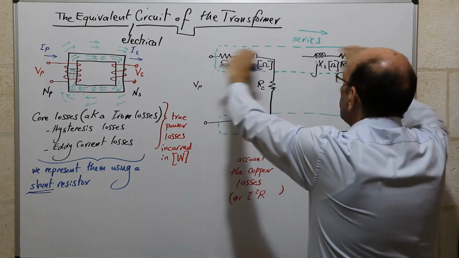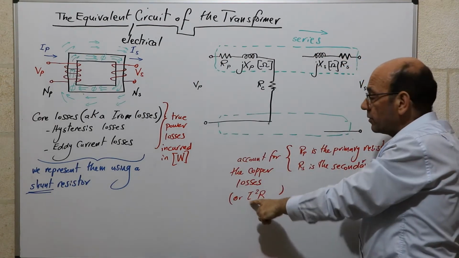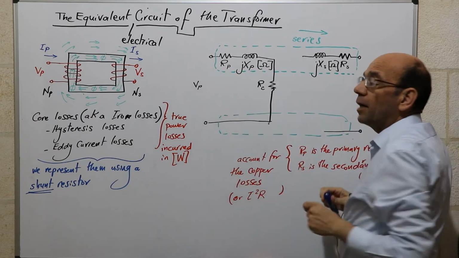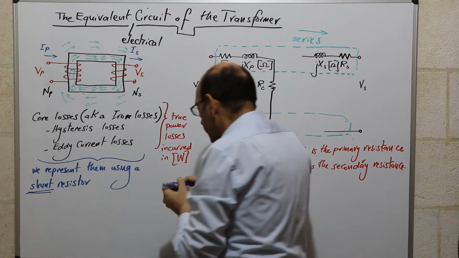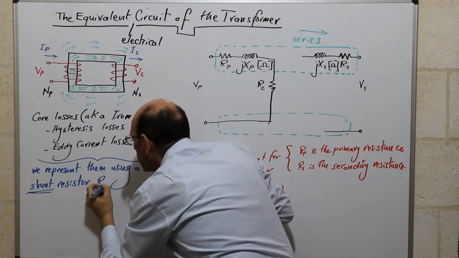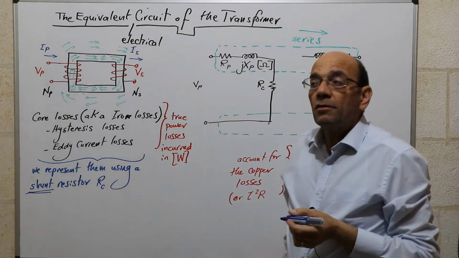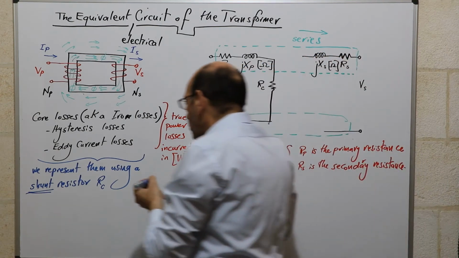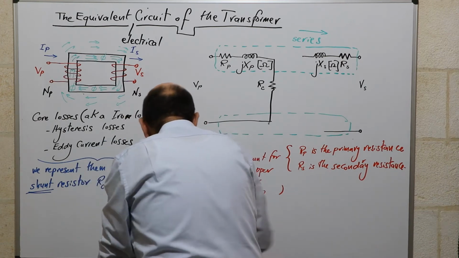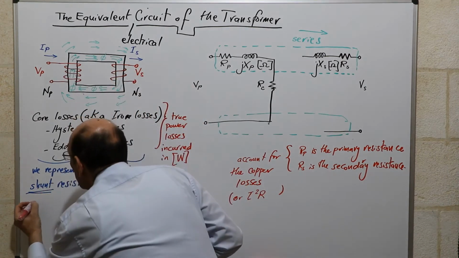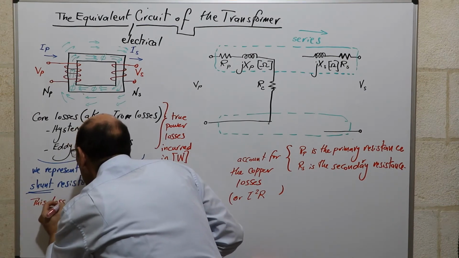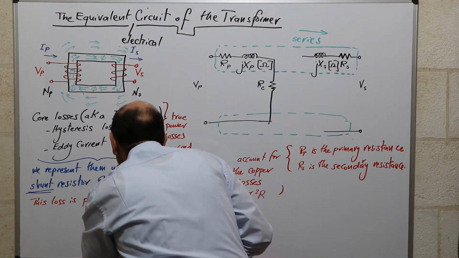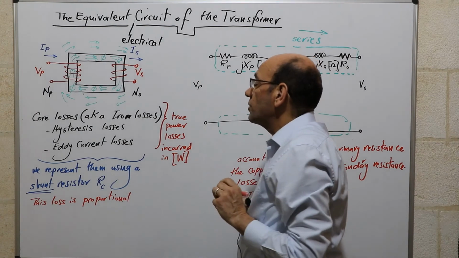The losses in series components would be proportional to the current. The losses in the shunt components or parallel components would be proportional to the applied voltage. So we use the shunt resistor and we've referred to it as R subscript C, and the subscript C stands for the core. And we've placed this in parallel. Now this loss is actually proportional to two components.